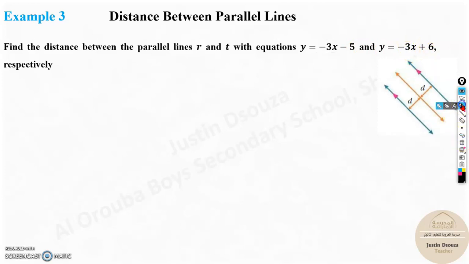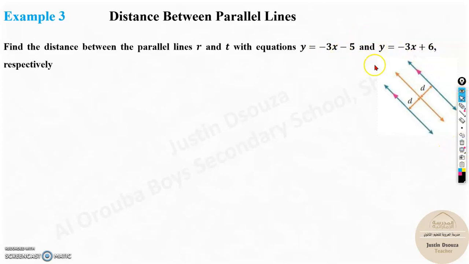If they are parallel lines, the slopes must be the same and the intercepts must be different. Yes, absolutely. In these two equations, the slope is minus 3 for both lines and the y-intercept is different. Yes, they are parallel.